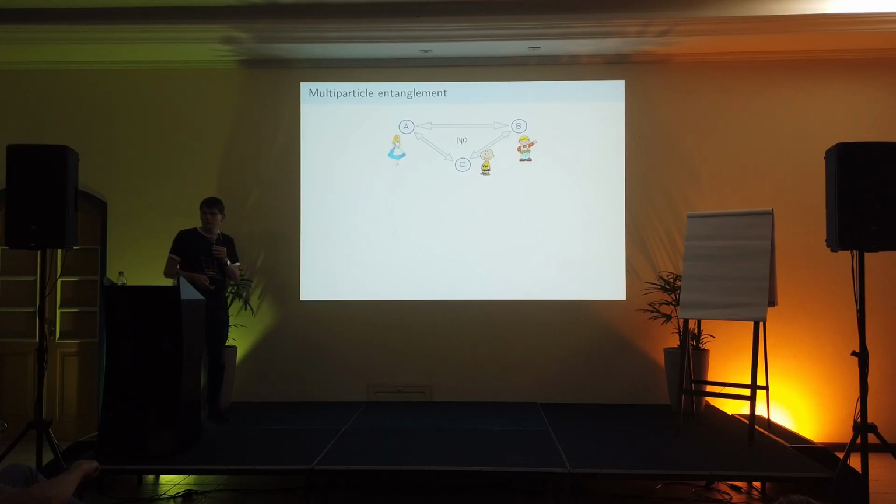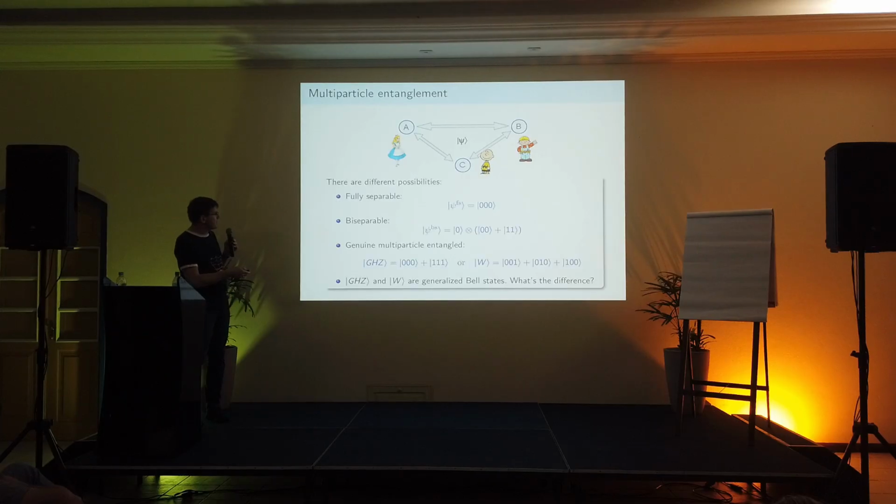And now you can have different scenarios for this quantum state. There are some simple things that you can write. You can write down a state that is called fully separable, which is the best analogy to a product state of a bipartite system, where everyone has their own qubit and there's no superposition of different terms. This is boring.